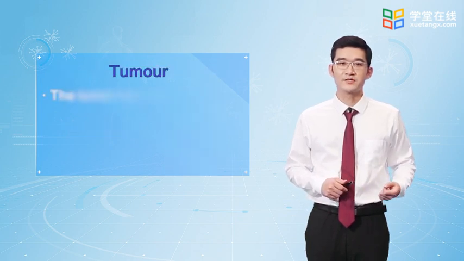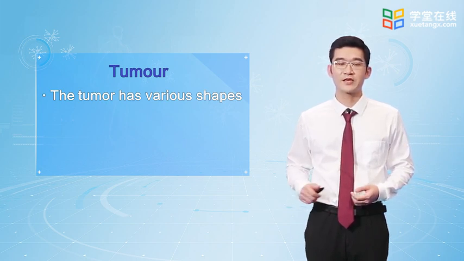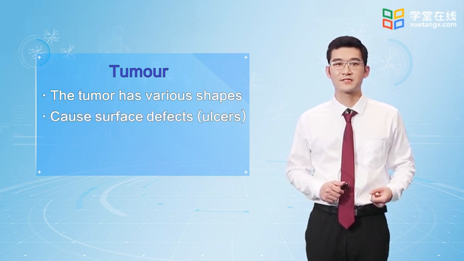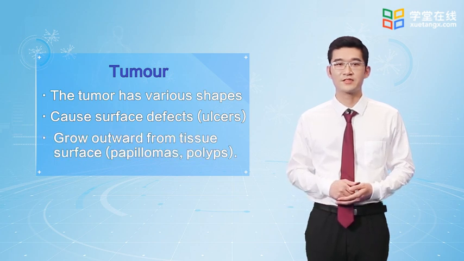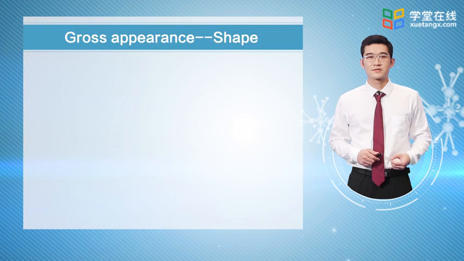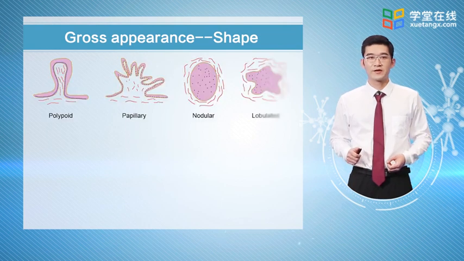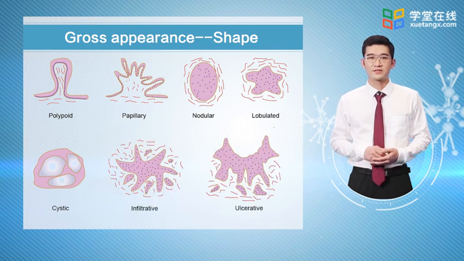If being large enough to be visible, tumors are often more or less round in shape, but any shape is possible. Some neoplasms cause surface defects, while others grow outward from the tissue surface. Special terms such as polypoid, papillary, nodular, lobulated, cystic, infiltrated, and ulcerated are used to describe the gross morphology of neoplasms.